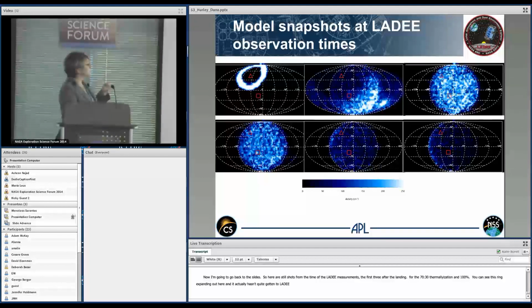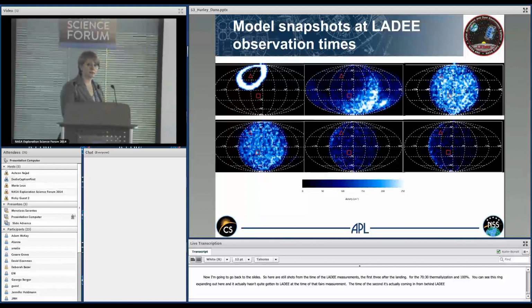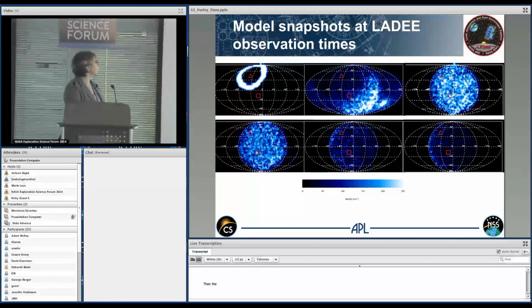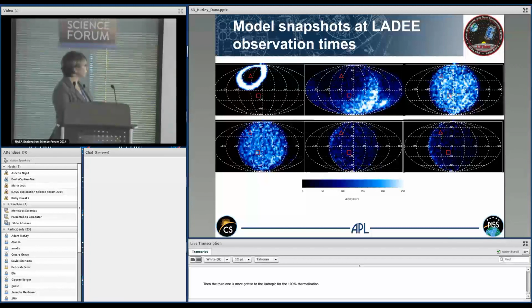The time of the second measurement, it's actually coming in from behind LADEE, which is really important for the NMS because the relative velocity of the NMS and the particles is important to whether the NMS actually detects it. And then the third one, it got into the isotropic case. For the 100% thermalization, you get the water spreading out and then diminishing over time.